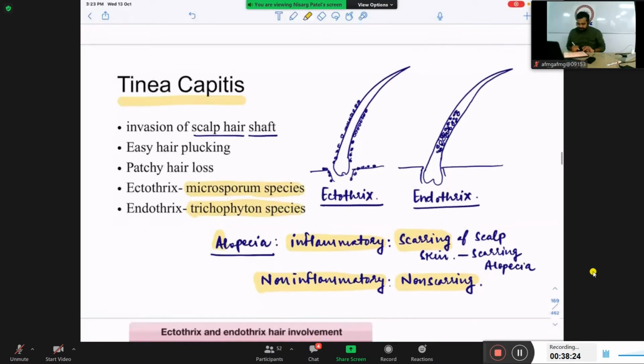So as you can see, because of this infection, what will happen in ectothrix infection? Easy hair pluckability will be there, because hair will become very weak. So a mother is combing her child's hair and hair is coming out easily. The reason is the weakness, because the keratin is eaten up by the fungus. So this patient will come to us with the complaint of hair fall, alopecia.